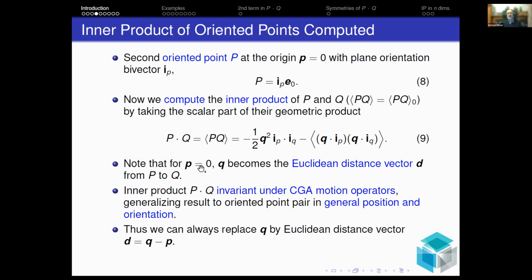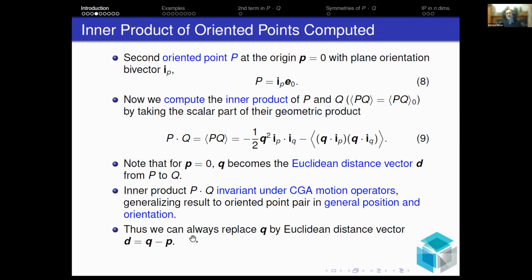Now, P is positioned at 0, and therefore Q becomes the Euclidean distance vector of the point P to Q, the distance between P and Q. The inner product P dot Q is invariant under CGA motion operators, and that generalizes the result we get on the right side of equation 9 to a point pair in general position and in general orientation.